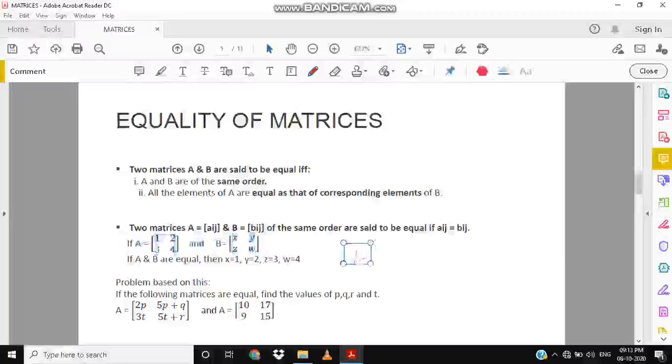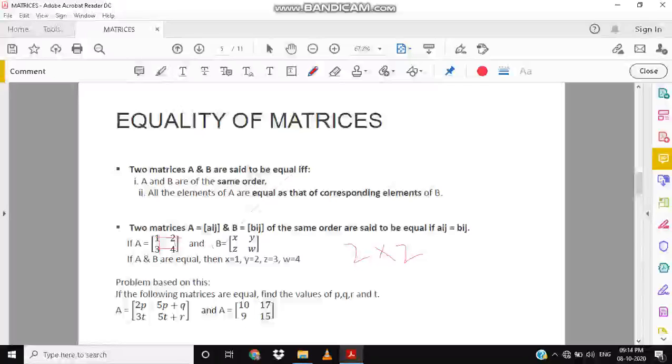As I said before, the order of matrix is m into n, right? What is m? M is number of rows. Here, number of rows is 2. And number of columns is also 2, isn't it? Right? So I wrote it over here, 2 cross 2.